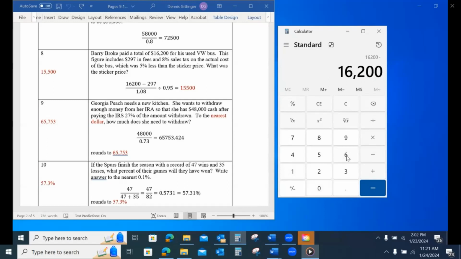Let's see if I can get caught up with the calculator here. And that gives you 15,903, and that includes 8% tax. So it's some number plus 8% of that number. Well, that's 108% of that number, and that's why you have to divide that by 1.08.